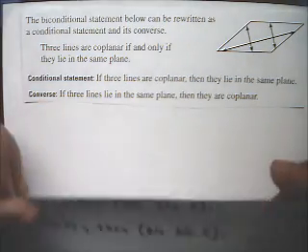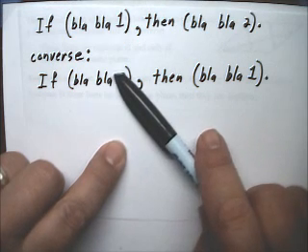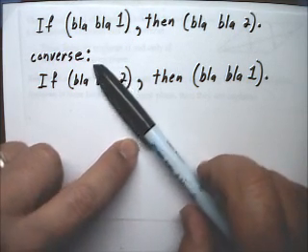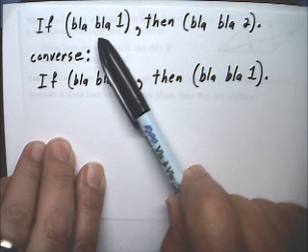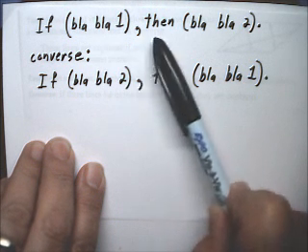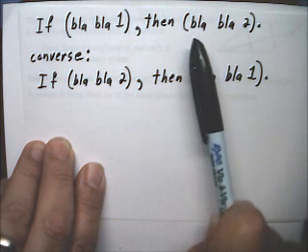And from the last section, we had statements and their converse. This is one way to represent it. We said if, and then there was something that I call blah blah 1, then, and this is the conclusion, blah blah 2.